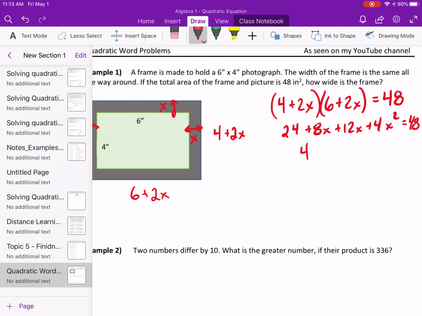Pull all my terms to the left-hand side. If I were solving this, I would then divide by 4 just to make my life a little bit easier. And then it's a little bit more obvious that this is factorable. Something that multiplies to give negative 6 and adds to give 5, that would be 6 and negative 1.